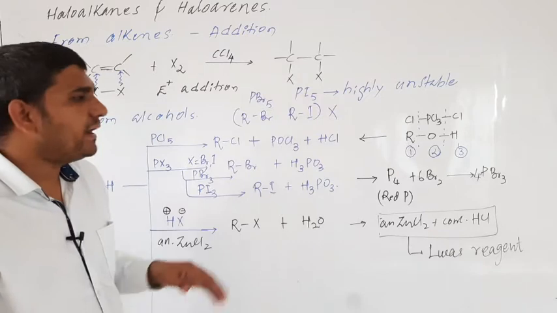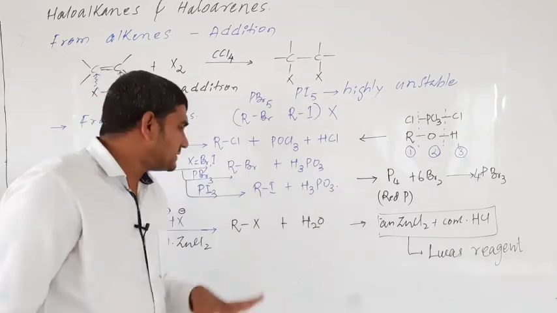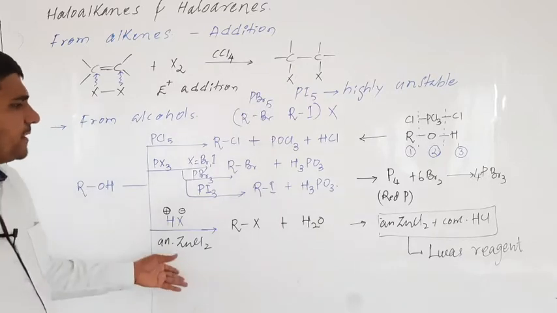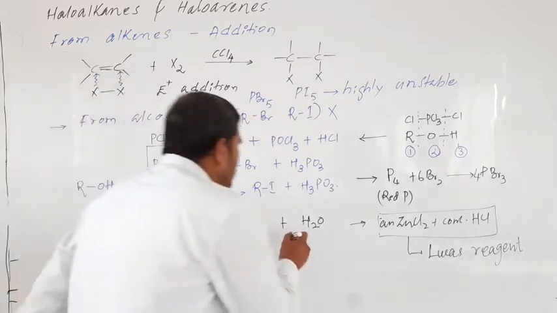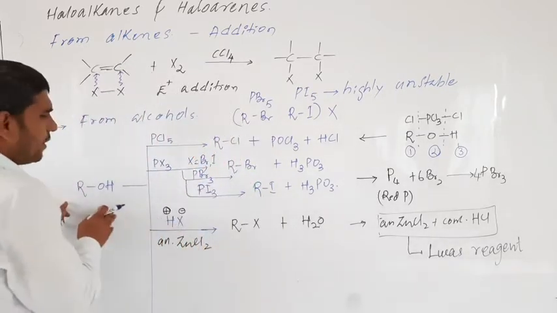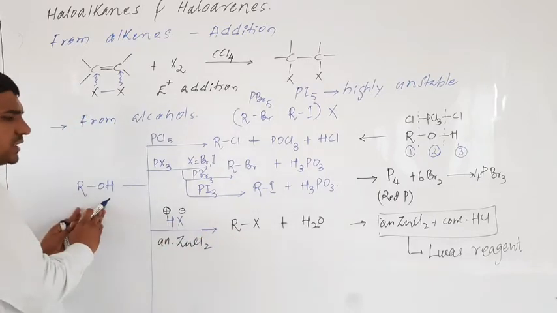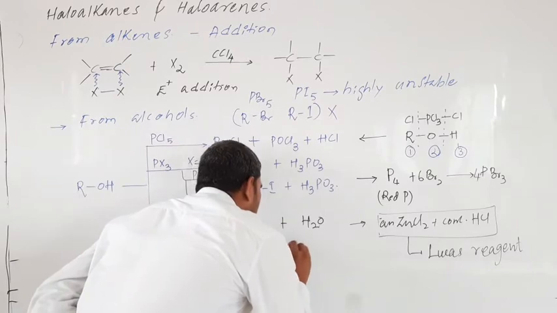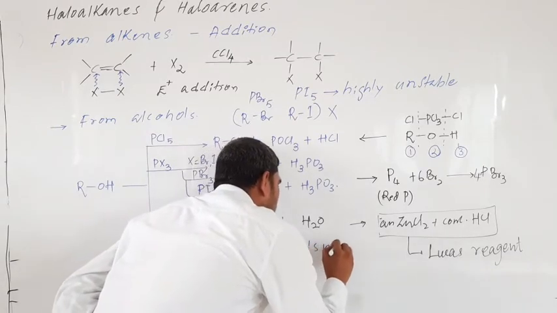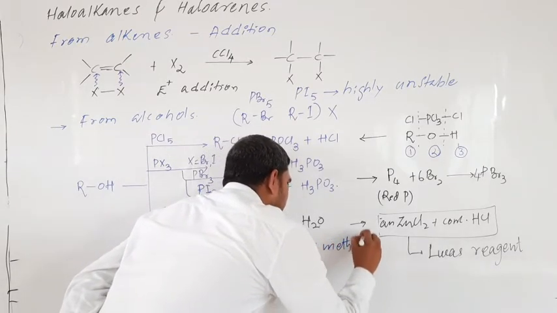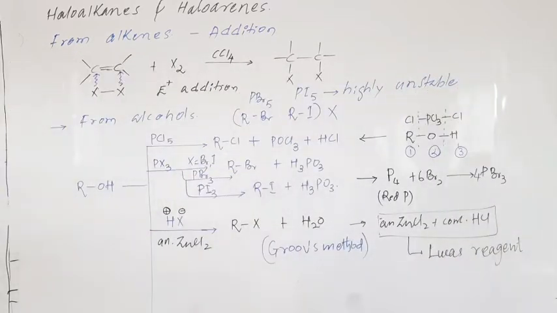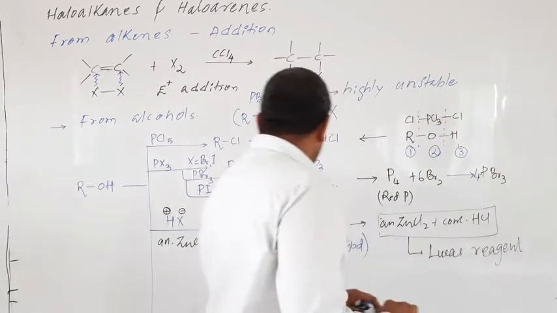It is a mixture of anhydrous zinc chloride and concentrated HCl. Lucas reagent is used over here for the preparation of haloalkanes, and this method of preparation of haloalkanes by using alcohols is known as Groove's method. Understood? Okay, this is regarding preparation of haloalkanes from alcohols.